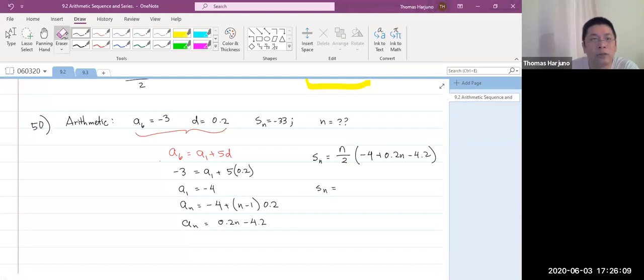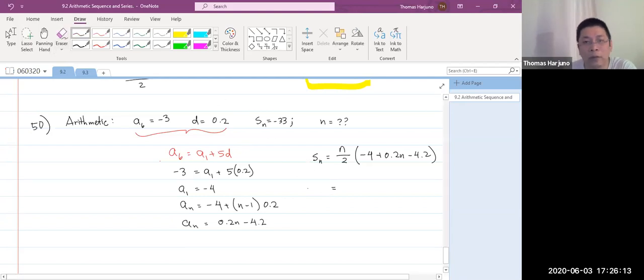Let me substitute that S sub n. S sub n is known to be -33. This is n over 2, 0.2n minus 8.2. Oh, let me divide by 2 to make my life easier. So n times 0.1n minus 4.1.